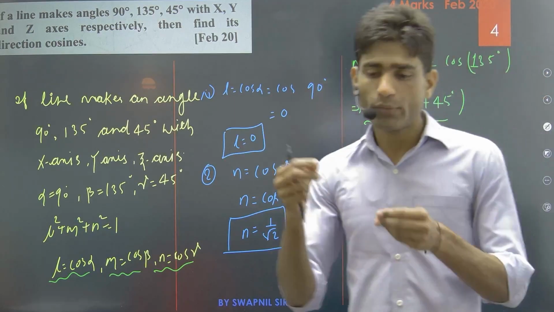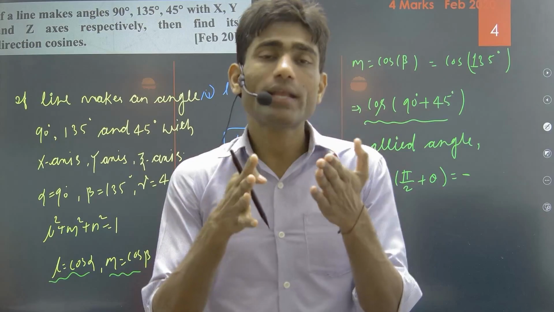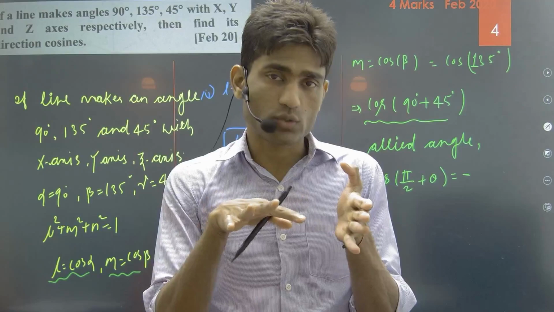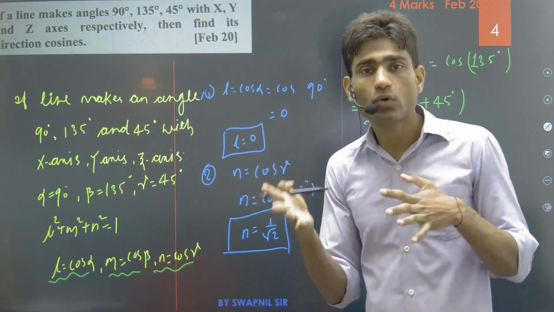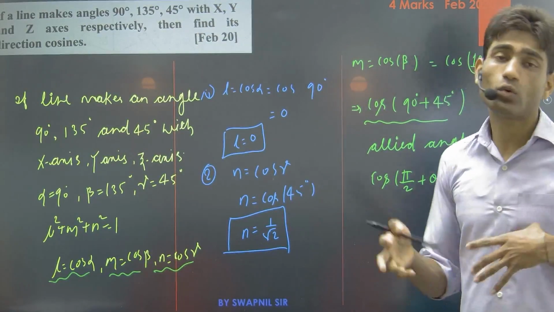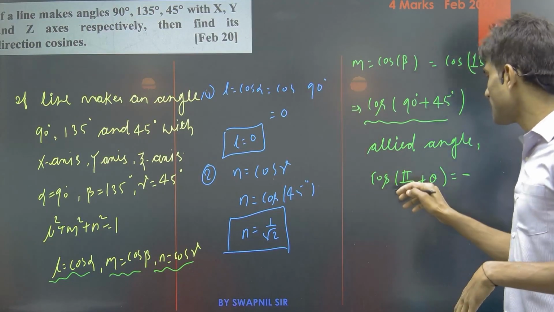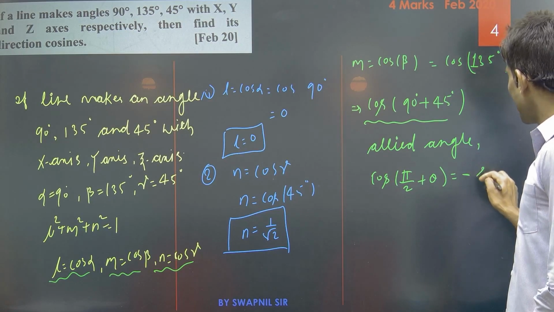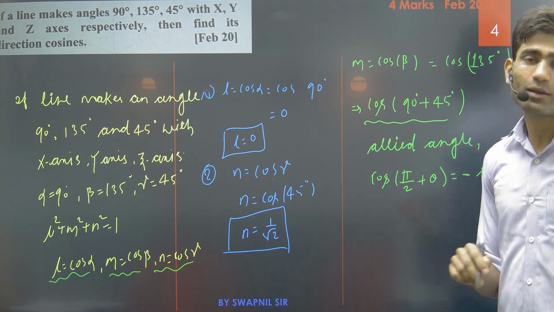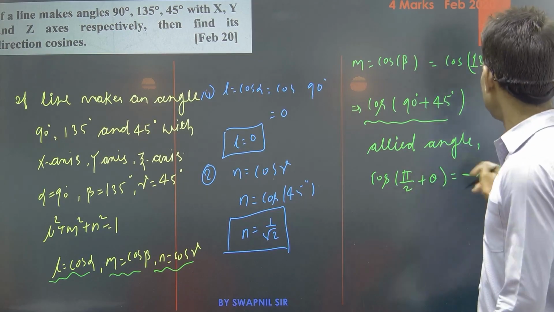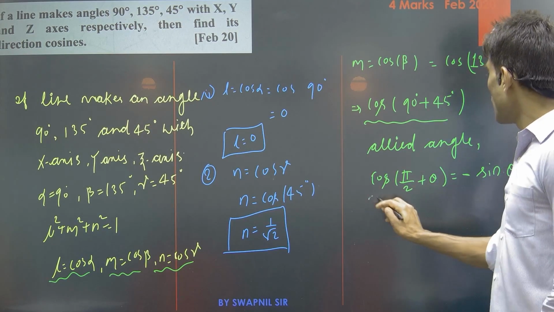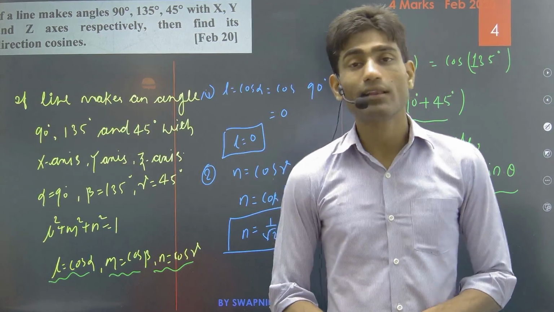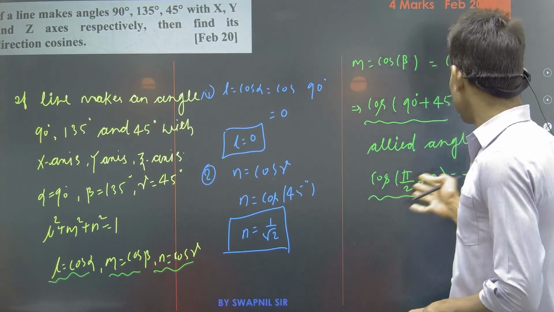Next condition: whenever we have pi by 2 or 3 pi by 2, we convert sine into cos, cos into sine, tan into cot, cot into tan, sine into cosec, and cosec into sine. So cos can be converted into sine for the odd angles like pi by 2, 3 pi by 2, and the theta remains the same. Whenever we have cos pi by 2 plus theta, we can write it as minus sine theta. This one is a standard allied angle.